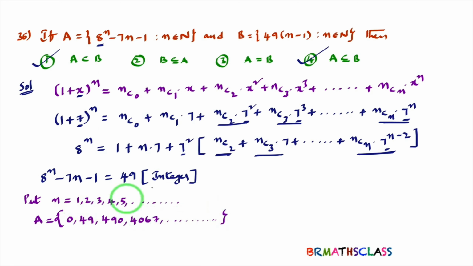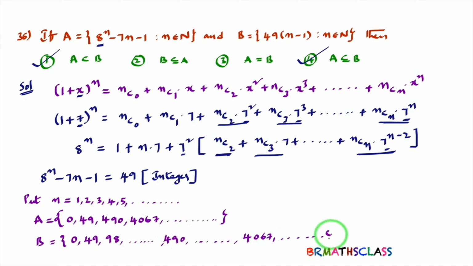If I keep these natural numbers in set B, what happens? I found that I am getting numbers like this: 0, 49, 98, like that, 490. If we keep on continuing, 4067, like that. I am not recommending you to do like this in examination. Just to explain which option is correct, I am writing these things.